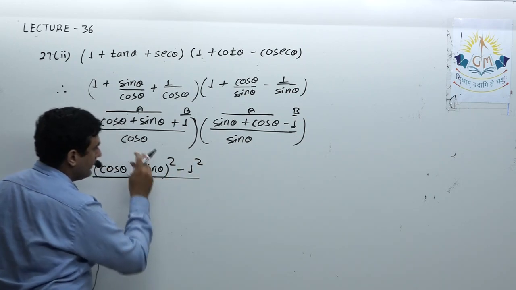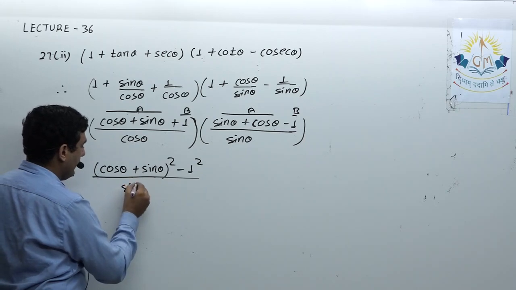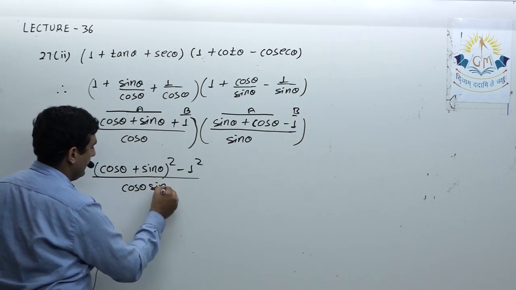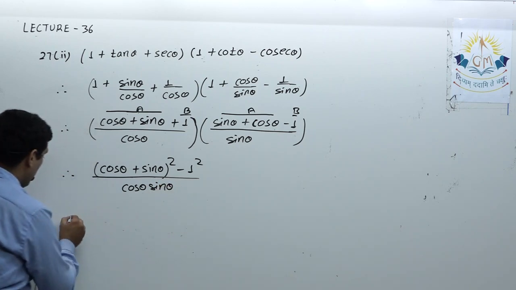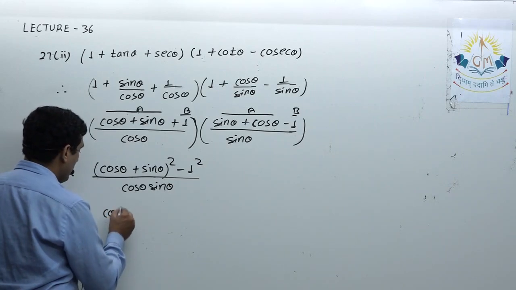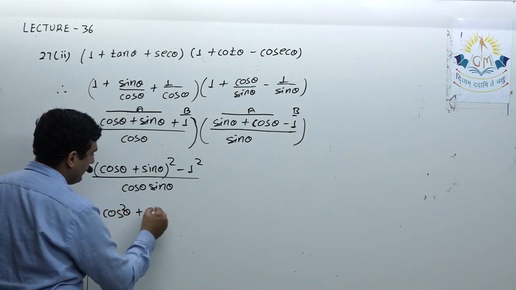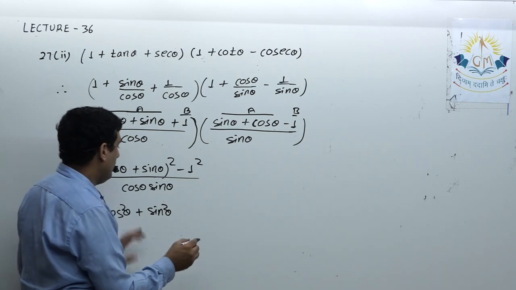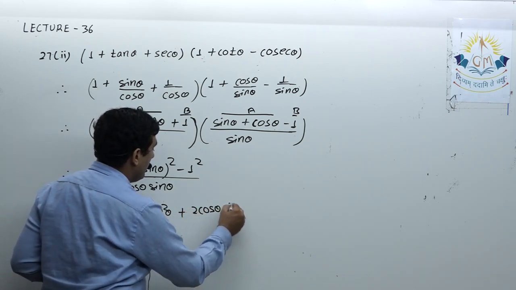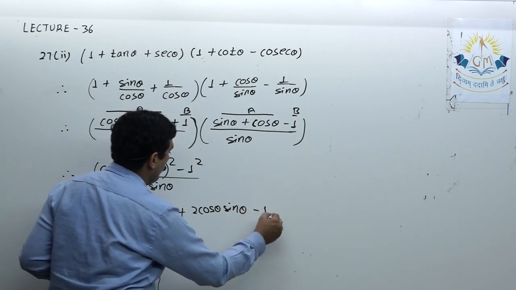In the denominator, cos theta multiplied by sin theta, simply cos theta sin theta. Okay, now over here if I expand it, I get sin square theta plus cos square theta plus 2 cos theta sin theta minus 1.